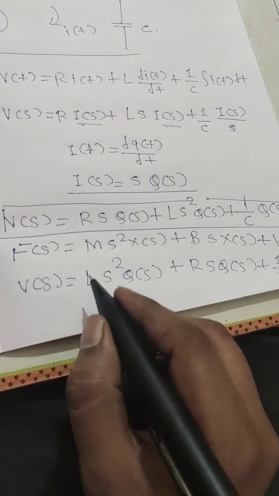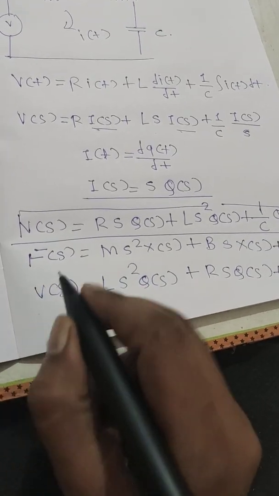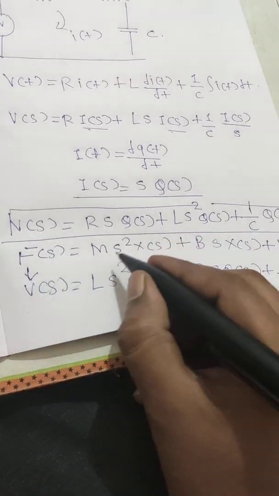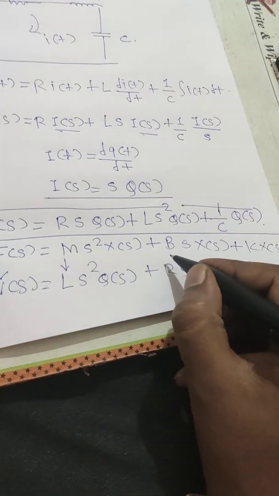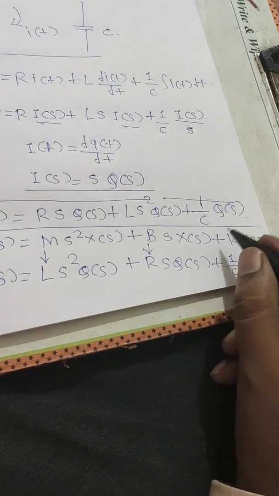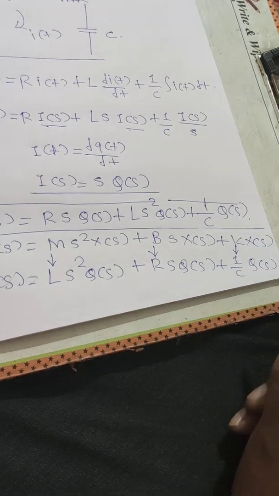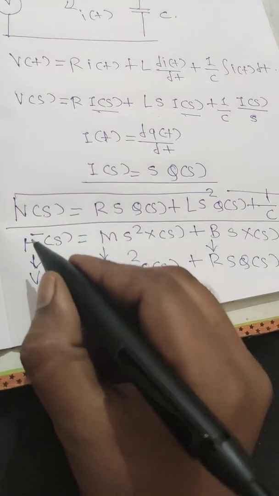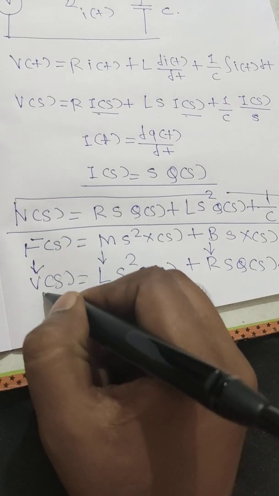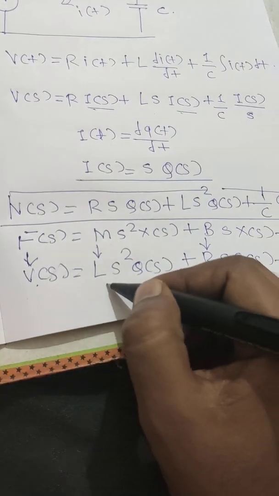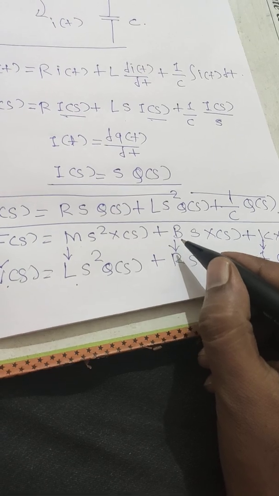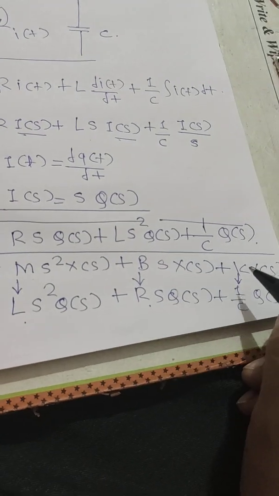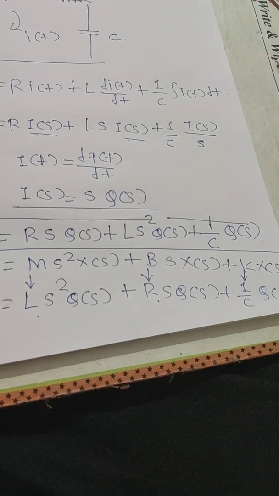Here we can see the analogy: force and voltage, mass and inductance, friction and resistance, spring constant K and capacitance. Using force voltage analogy, force is analogous to voltage, mass is analogous to inductance, friction B is analogous to resistance, and the spring constant K is analogous to capacitance.